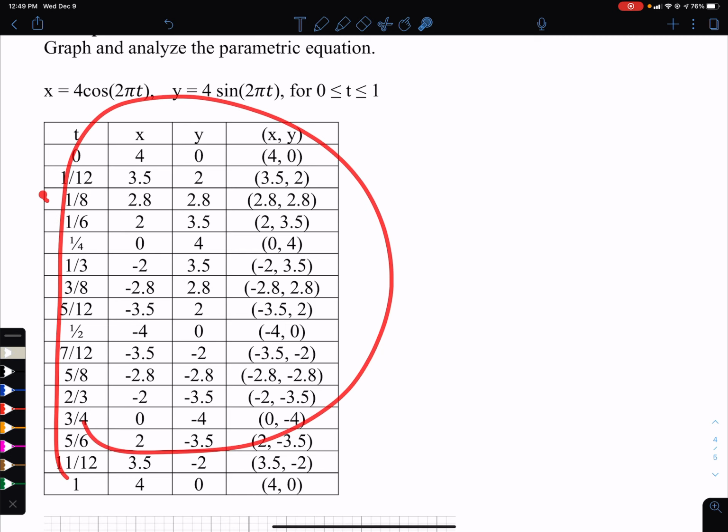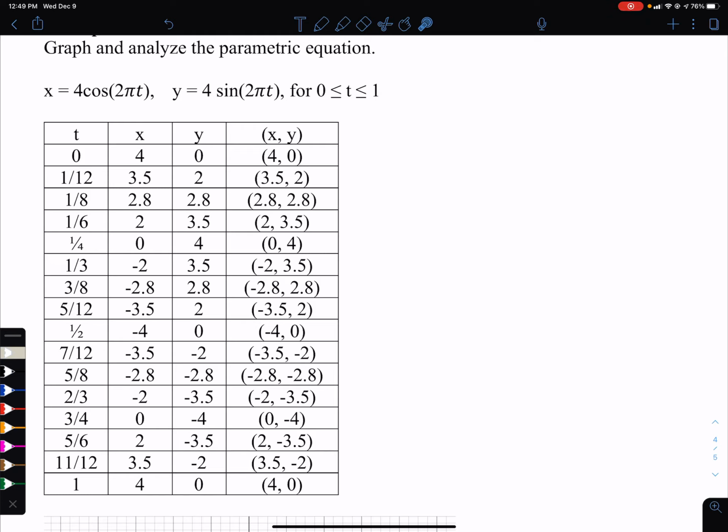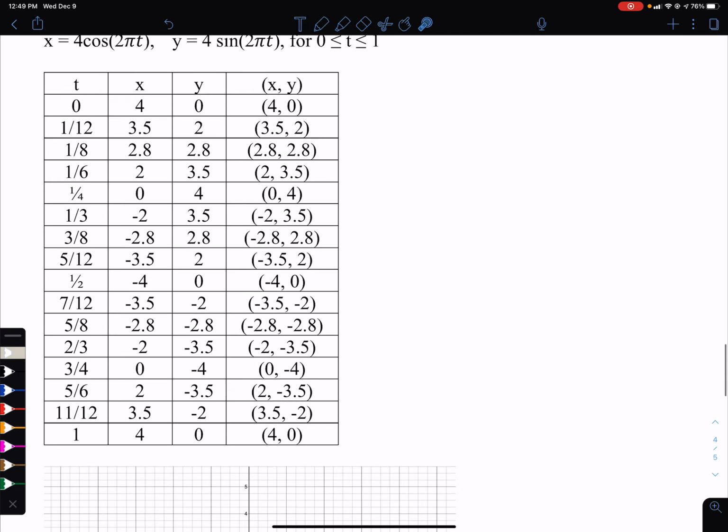I just picked values to get our standard angles. Pi over 6, pi over 4, pi over 3, pi over 2, 2 pi over 3, 3 pi over 4, 5 pi over 6, pi, 7 pi over 6, 5 pi over 4. I just went around the circle and got all my standard angles.